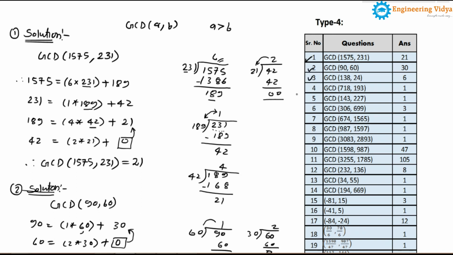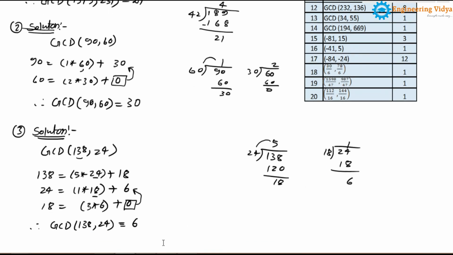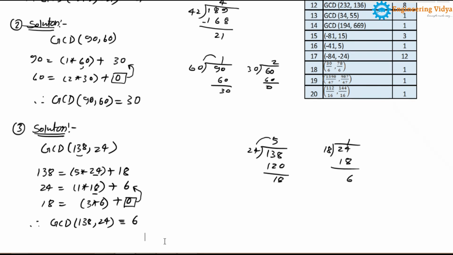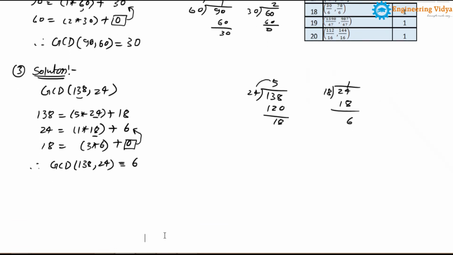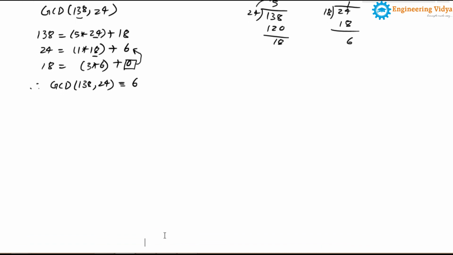In a similar way we can solve sum number 4, where 718 and 193 is given.